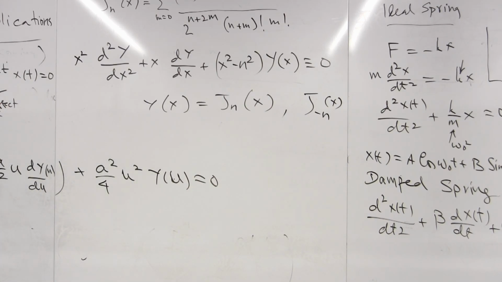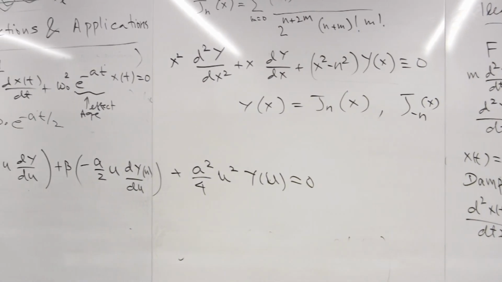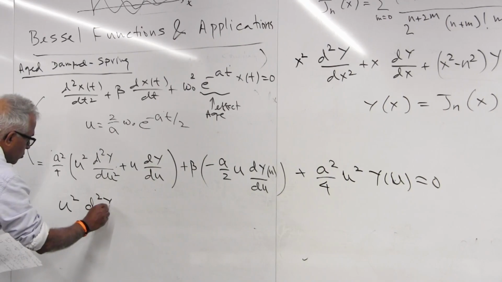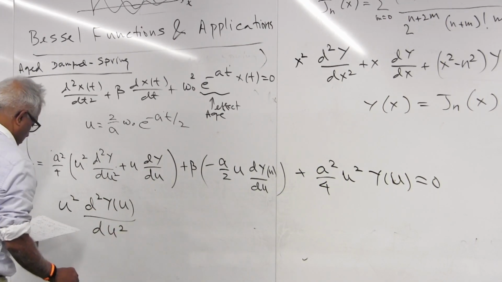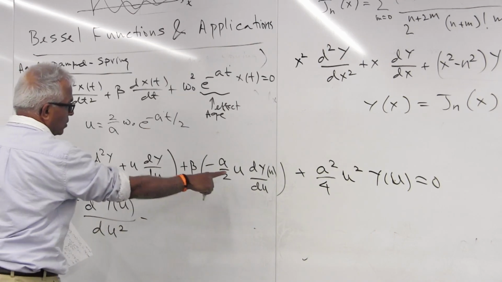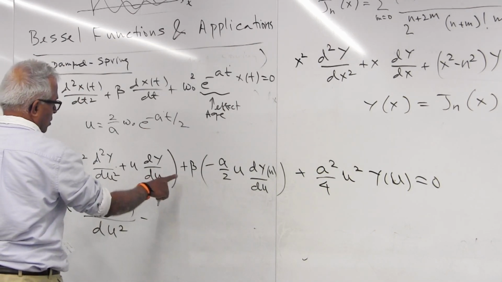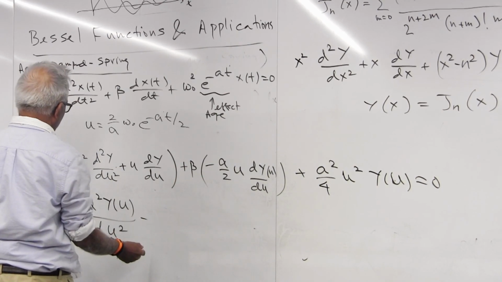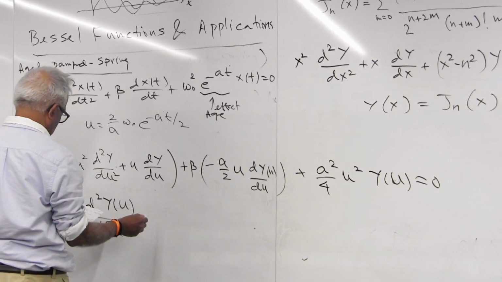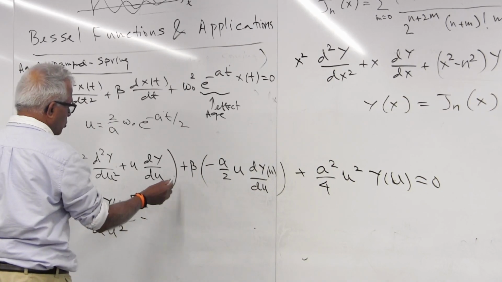If you simplify this, getting rid of the a squared by 4, this will now read u squared d squared y by du squared. Notice in the dy term there is an a by 2 here, so if you put one more, this will become 2 beta over a.